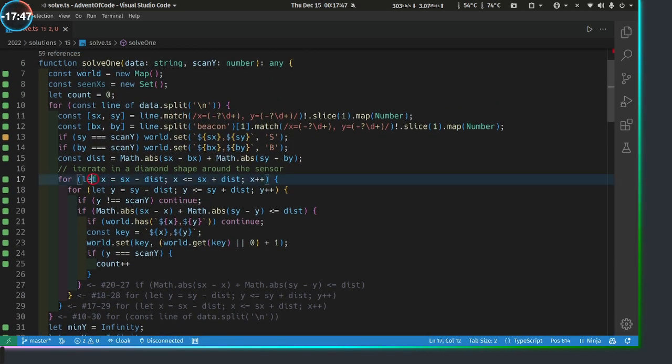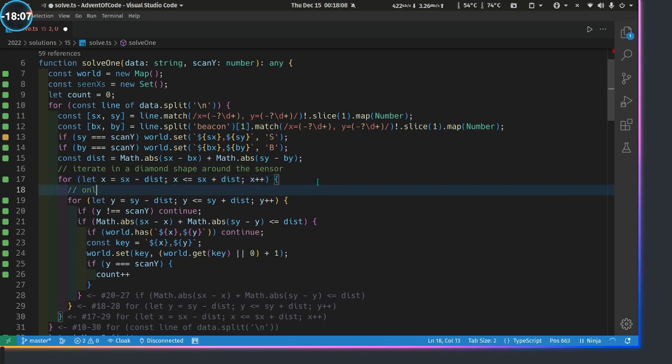So I need to do this shape in order to know which ones I'm gonna hit on, or which ones I'm gonna see. Set Y to scan Y. If Y not equals scan Y, okay, calculate Y. I need to calculate scan Y. Only iterate, scan the line.